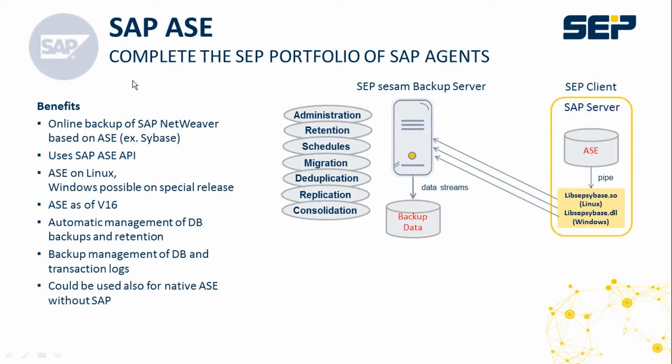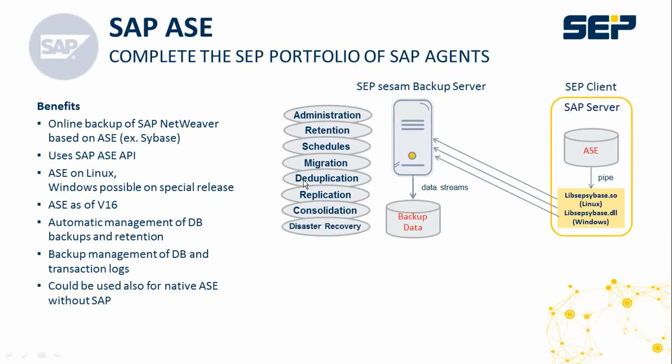And you can use consolidation, which means that you do not have to install a specific backup software only for ASE backup, because you can use our software not only for ASE backup, but for all other databases or hypervisors or whatever you have in your environment. You can use our software and consolidate whatever you have installed in your environment.